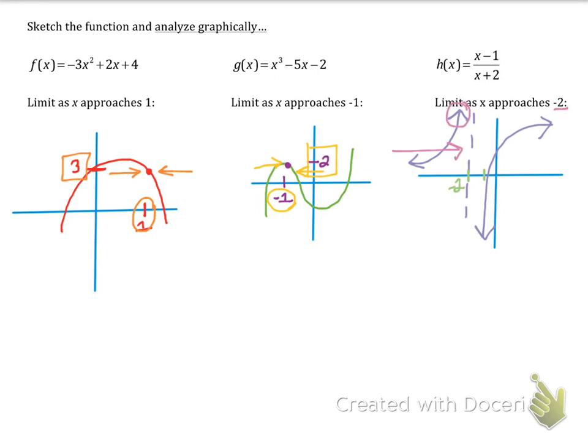That's the first indicator right there, but then just to make sure, as we approach from the right side, we're approaching negative infinity. And remember, negative infinity or positive infinity, either one, it doesn't matter which one you have, means that the limit does not exist because that is not a fixed number.